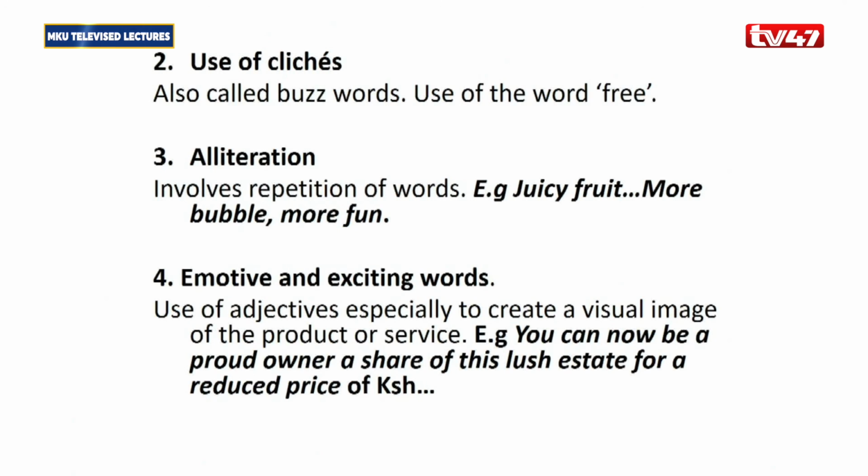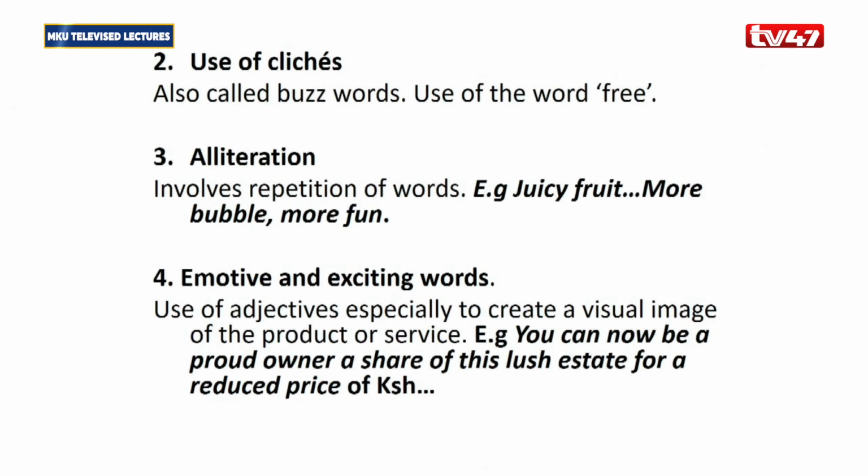The fourth device is the use of emotive and exciting words. You need to create the right kind of feeling about your product or service to the person that you want to buy your product or to subscribe to your service. Look at how sellers of land present their product. They make you feel, if I buy this piece of land or this house, then I'll be a proud owner.